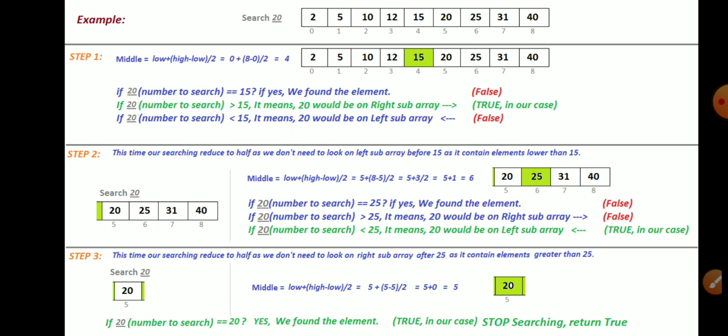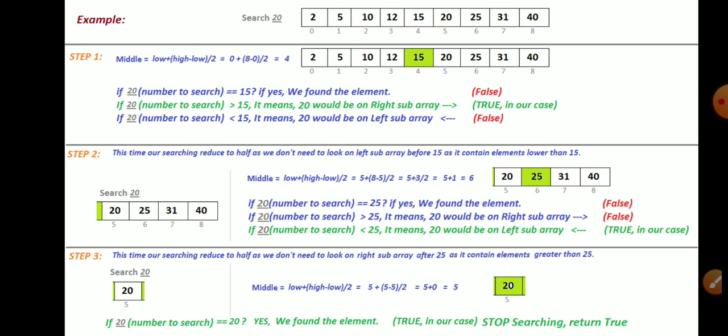In that we have to search 20. The search element is 20. We can see that the search element is present at the 5th position. But when we are searching for elements, we don't have to think about the positions; we have to search by using the algorithm.